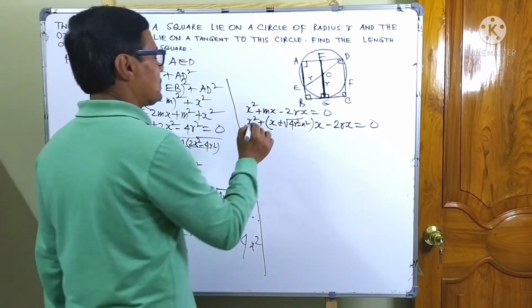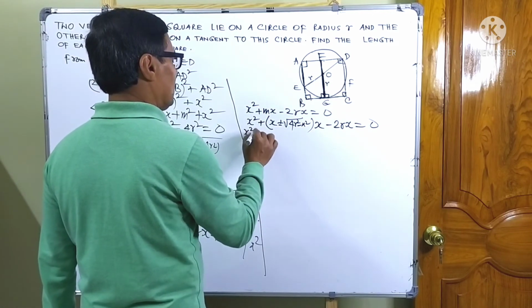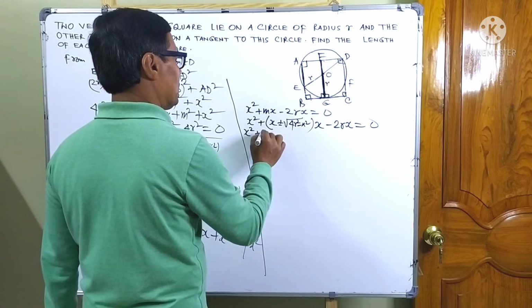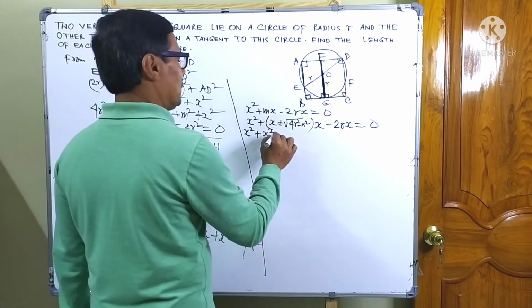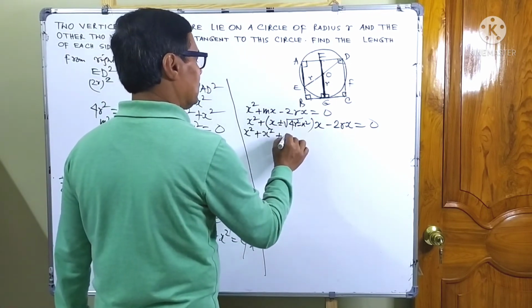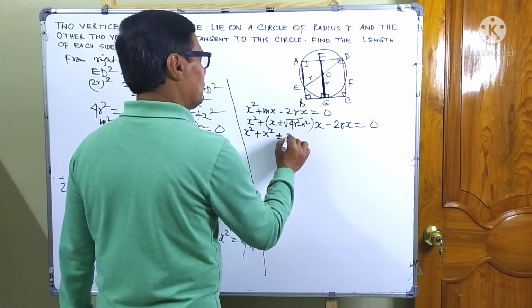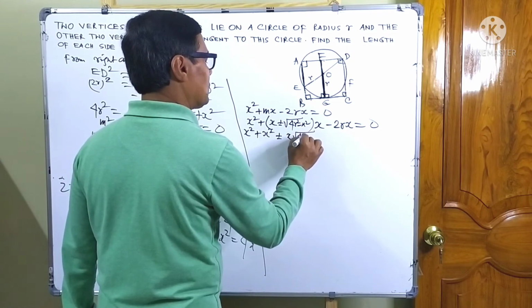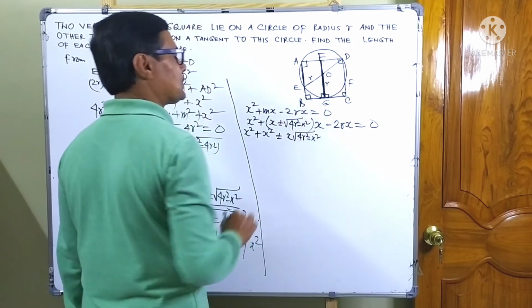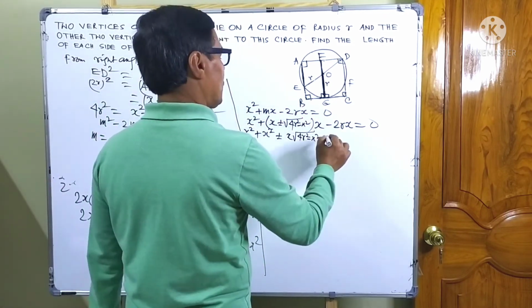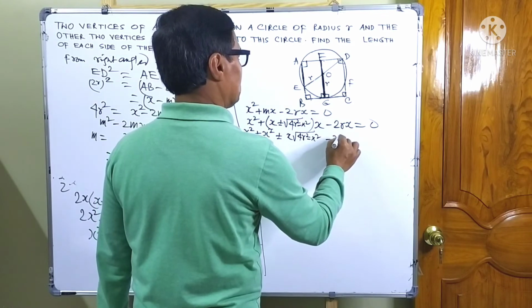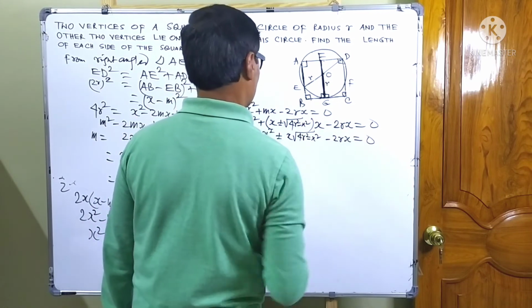We have got this result: x square plus x square plus minus x multiplied by root of (4r square minus x square) minus 2rx is equal to 0.